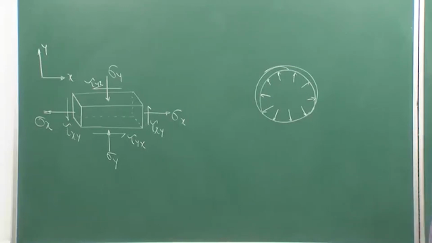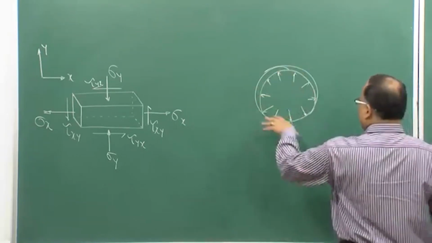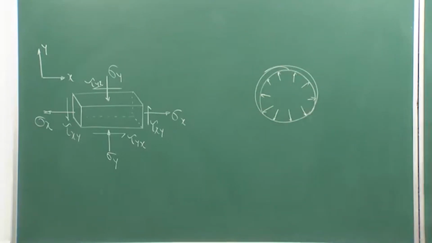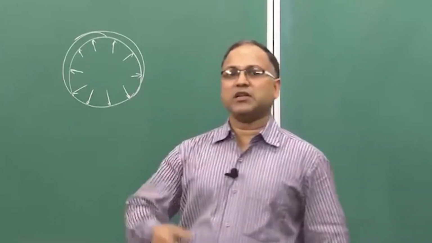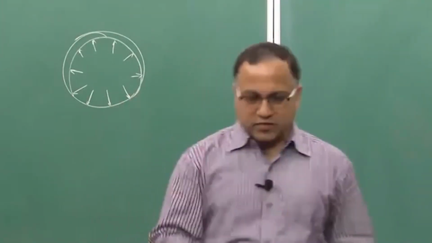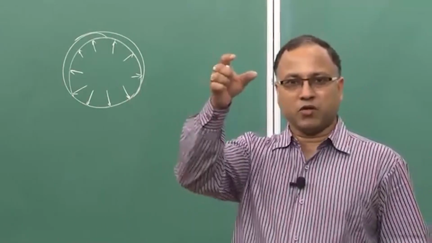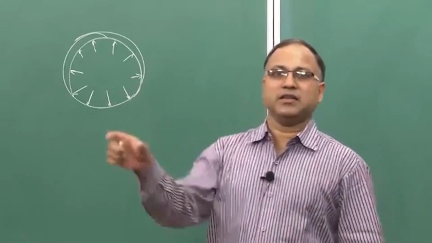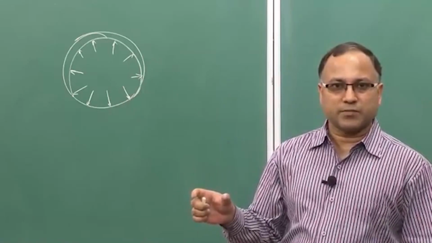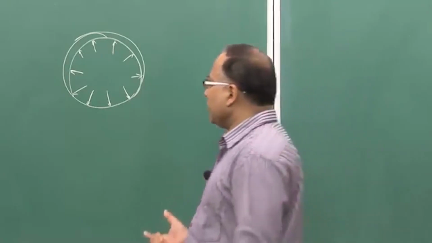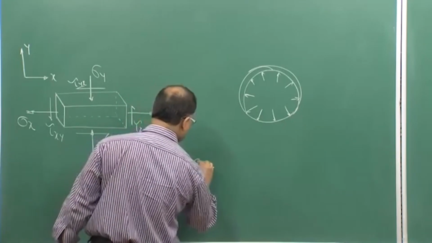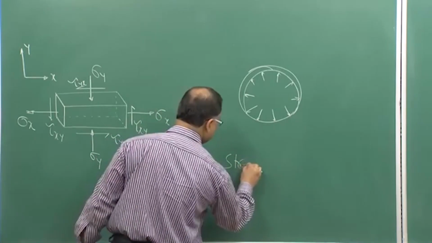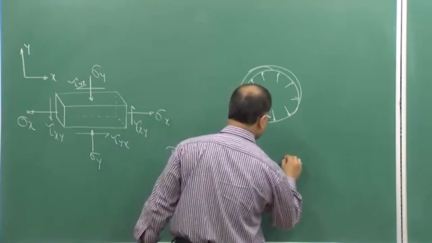Similarly, in this circular case, if you consider the polar coordinate system, in the z direction, normal to this board, there is no variation in the stress. All the stress components are confined in the r theta coordinate system. This kind of problem is known as a plane stress problem.